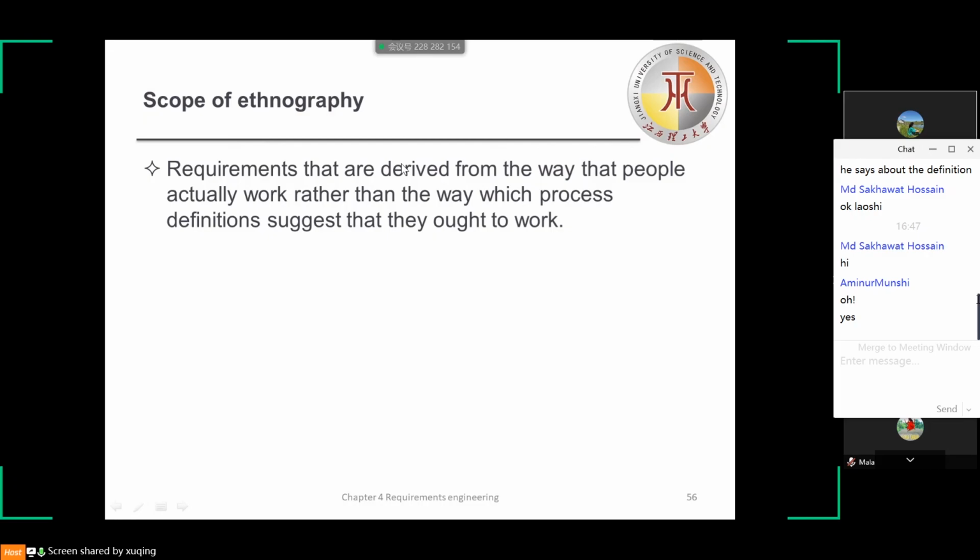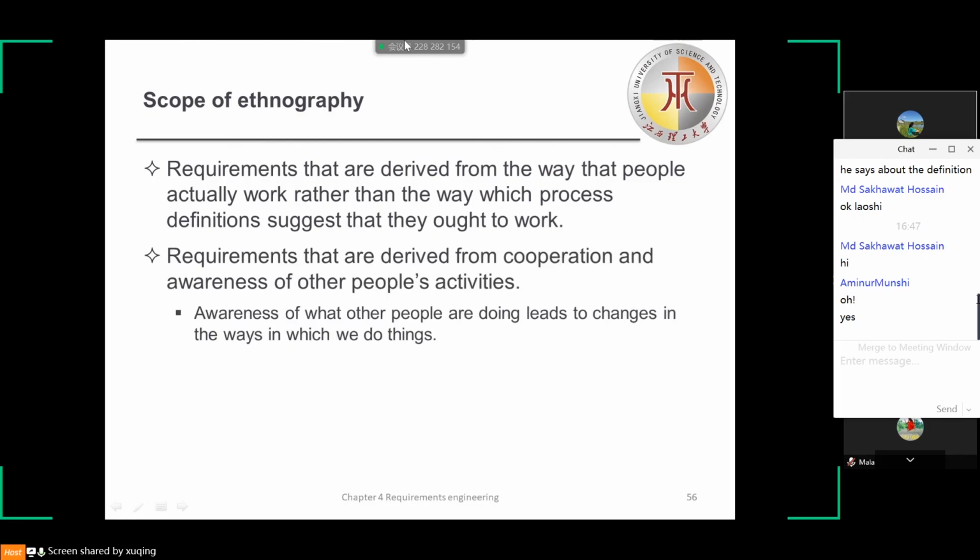Another type of requirements for which this technique may be useful is requirements that are derived from cooperation and awareness of other people's activities. Awareness of what other people are doing leads to changes in the way in which we do things.